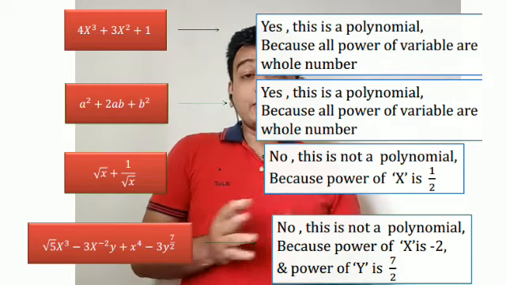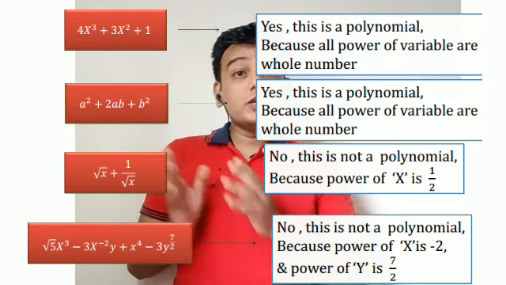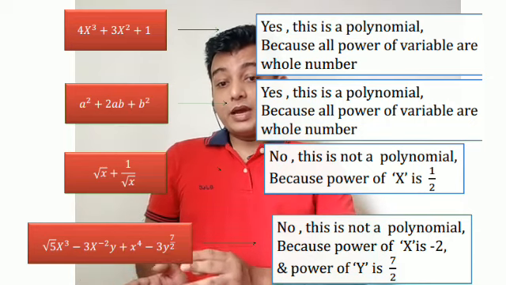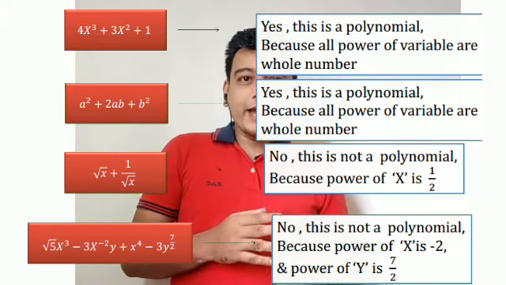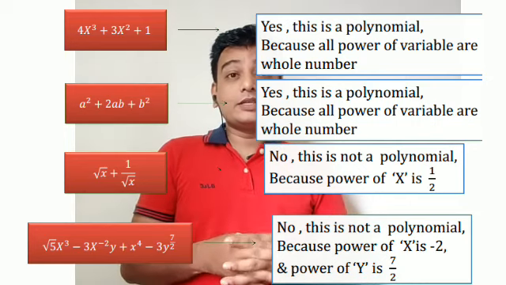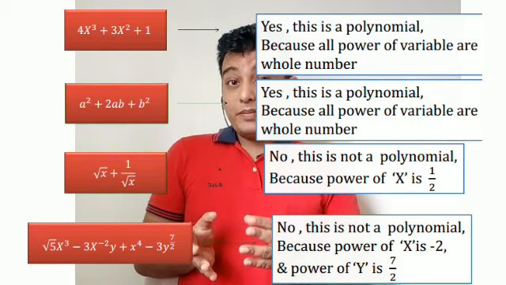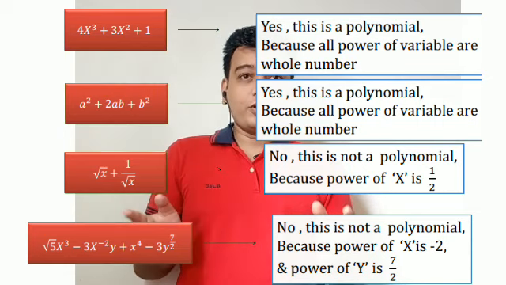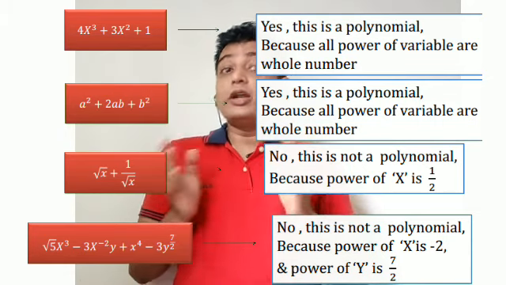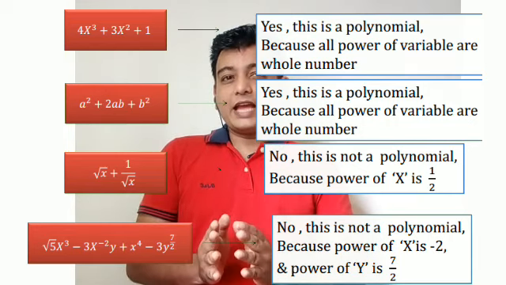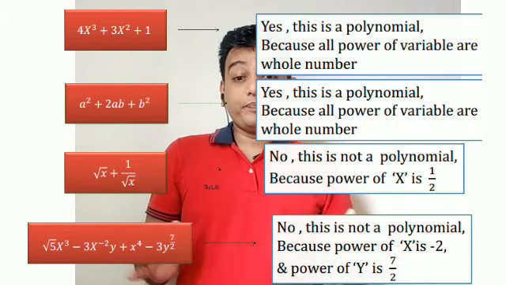Yes, of course, this one is also a polynomial because the degree is 2. Third one is square root of x plus 1 upon square root of x. Is this a polynomial? Of course not, because here the degree is not a whole number. So this algebraic expression is not a polynomial.